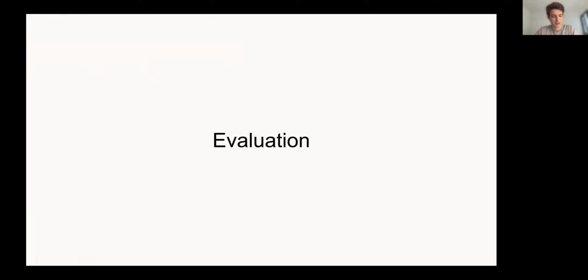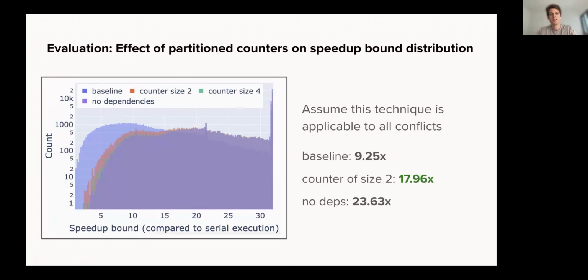Now that we've discussed OCCDA, and we also discussed the 3 conflict elimination techniques that we propose, let's look at some evaluations. In our evaluations, first we looked at the effect of partition counters on the speed-up bound of transactions. We used the same approach as with the earlier experiment.